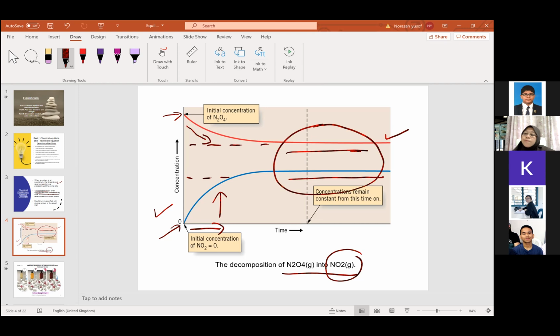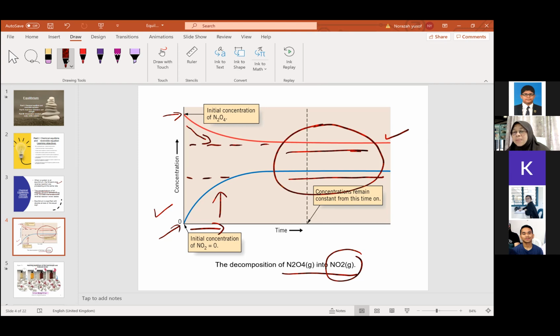If you interfere with the system, say you add some additional reactant or product from outside, the system will move to come back to the equilibrium.